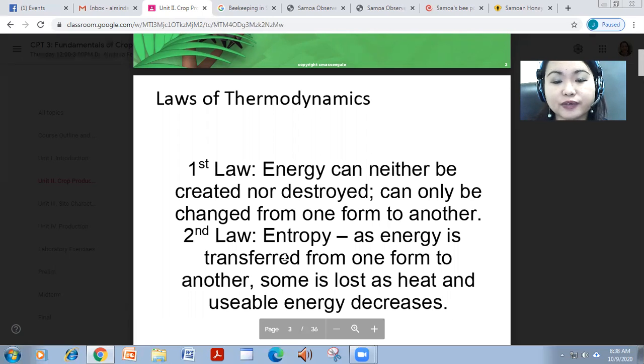And the second law refers to entropy. As energy is transferred from one form to another, some is lost as heat and usable energy decreases.